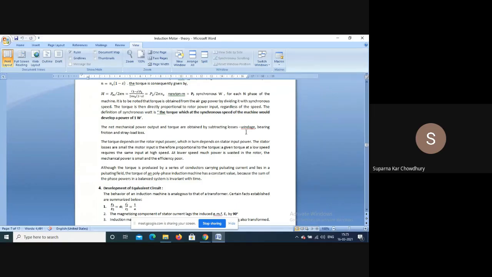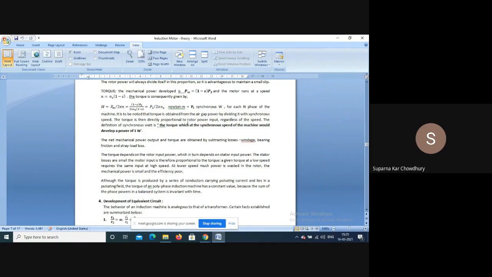However, for any machine, this portion of the losses, that is windage and bearing friction loss, constitutes a very small percentage of the total loss. Normally, this is not reflected in the equivalent circuit. So what we get from the equivalent circuit, we have to subtract these losses to get the power output.